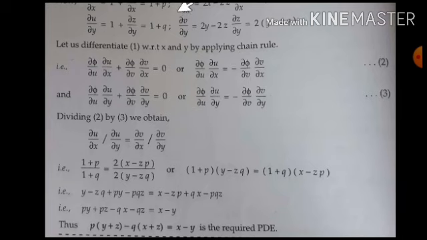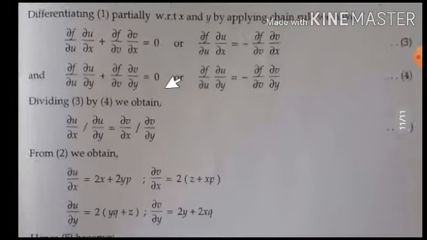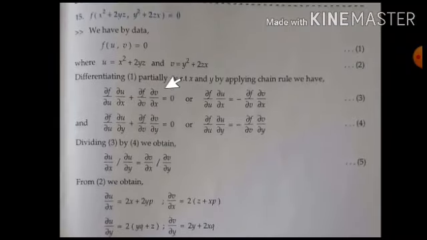Only based on u and v does the problem differ from one to another. Observe that in the next problem, f is given instead of the phi function. As it is a composite function of u and v, see, this step is the same throughout in all the problems.